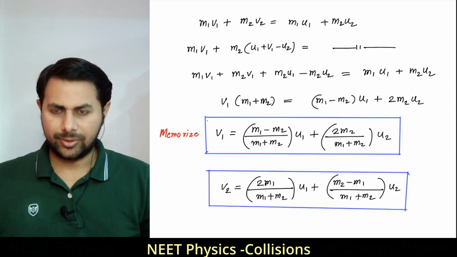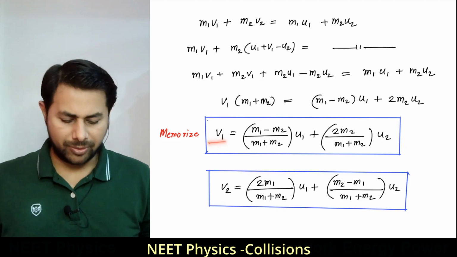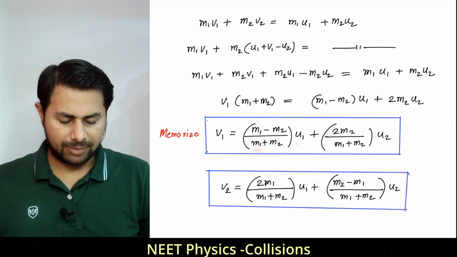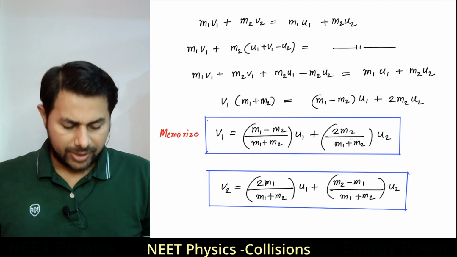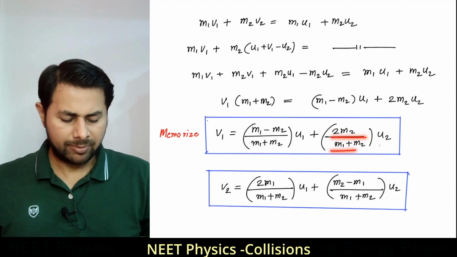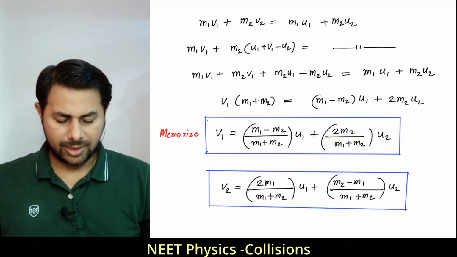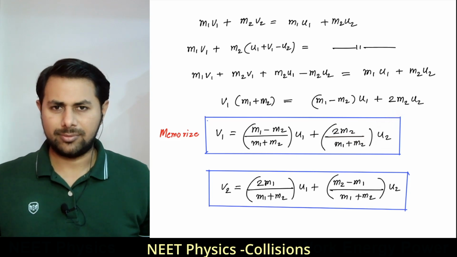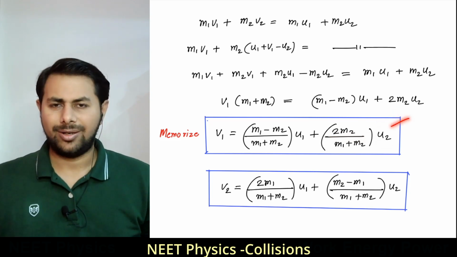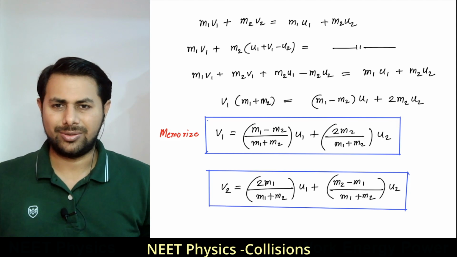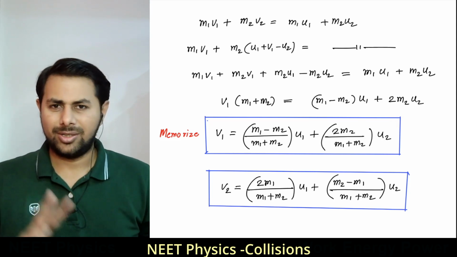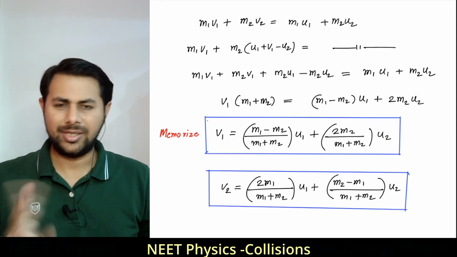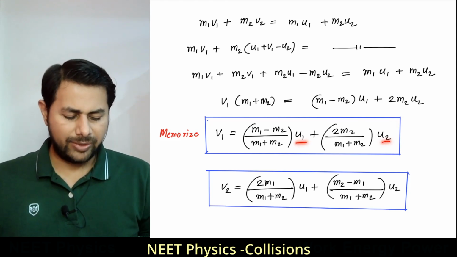So velocity of first body after collision is (m1 minus m2) divided by (m1 plus m2) times u1 plus 2m2 upon (m1 plus m2) times u2. And now suppose you remember this one and you cannot find the other one, then what you can do is just interchange m1 and m2, and u1 and u2.